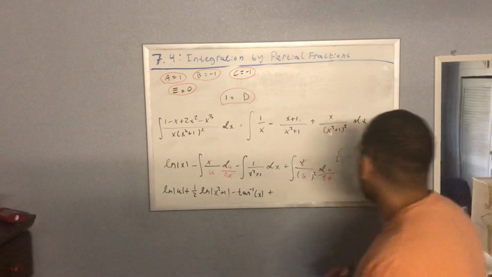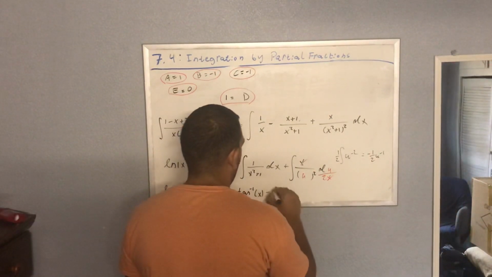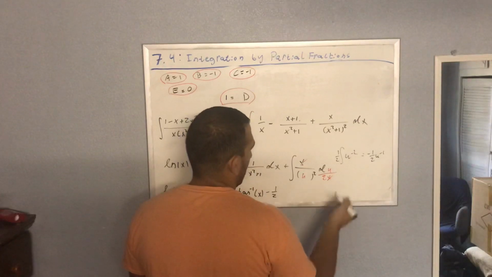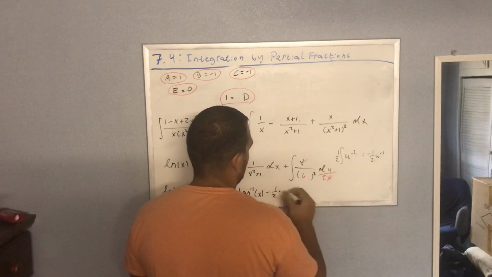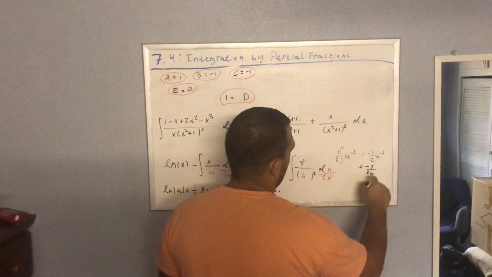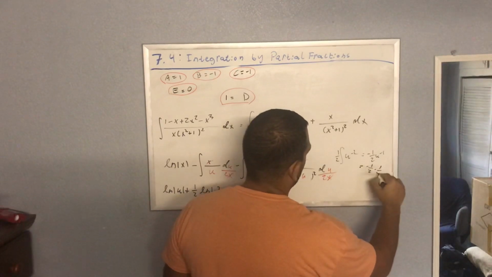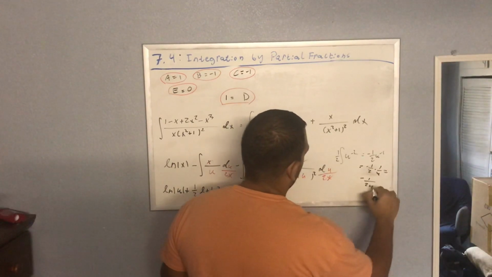So this becomes minus 1/2 times, and u to the negative 1 is the same as 1 over u, right? So this is really like negative 1/2 times 1 over u, which is negative 1 over 2u.